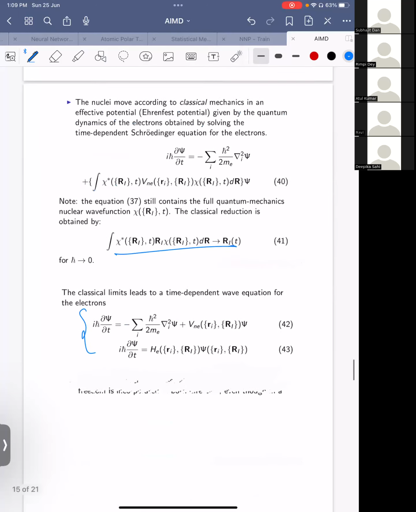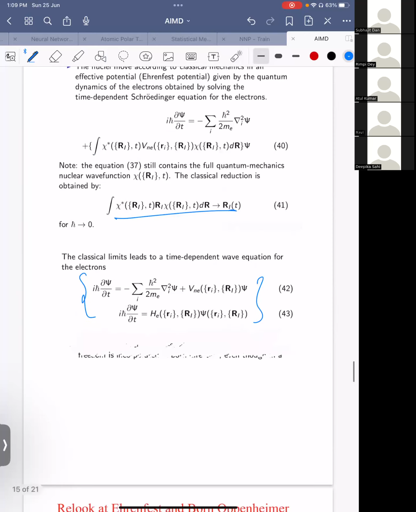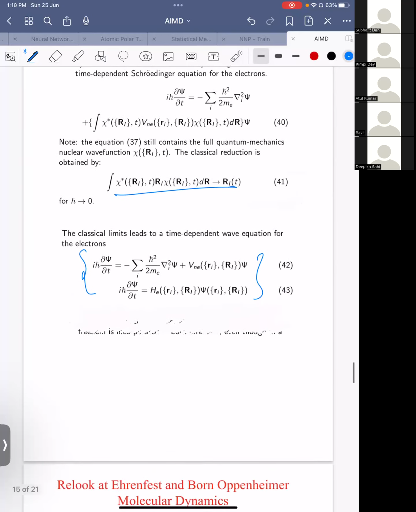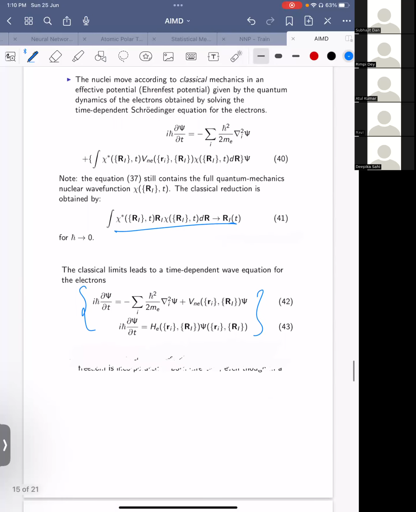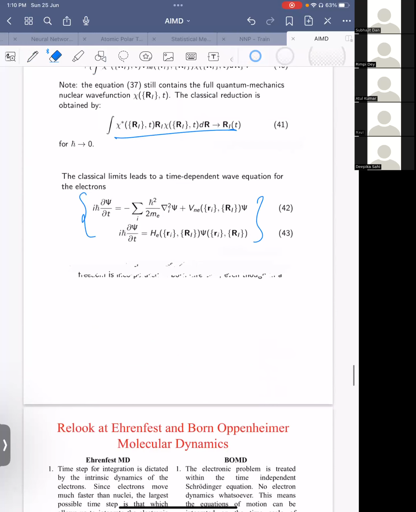Now the phi we will solve from here, and there is no quantum dependence; there is no dependence of the nuclear wave function on this phi. So now this is classical, so we can use it. This is given by Ehrenfest, so this is the Ehrenfest molecular dynamics. This was our second approach. Any questions from you?